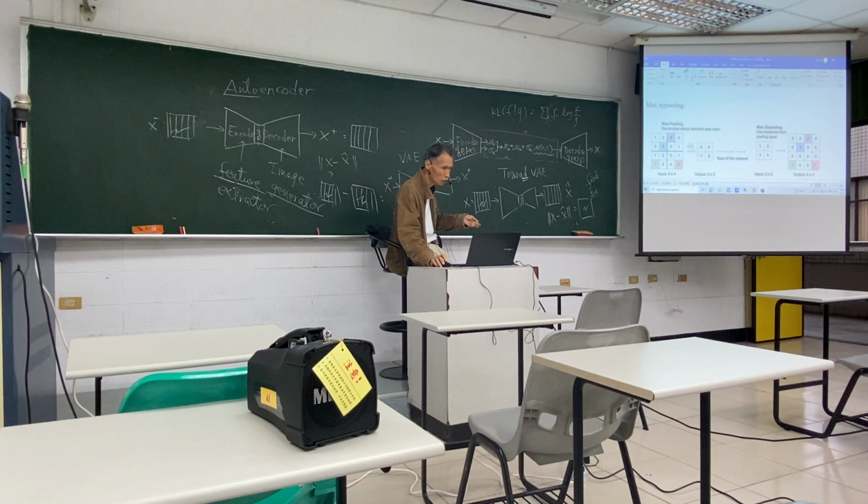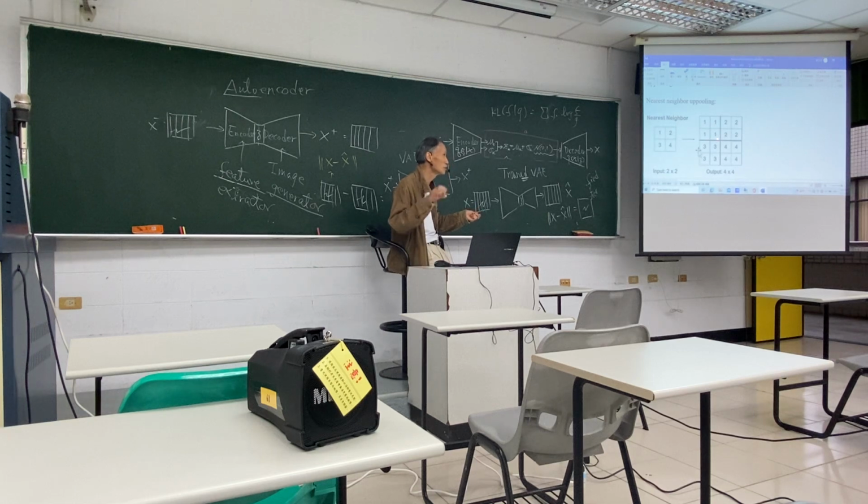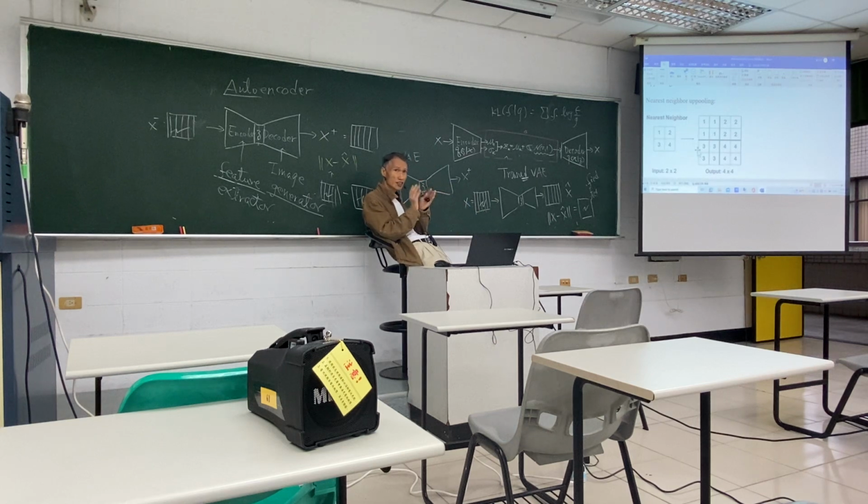If you go for maximum pooling, or especially nearest neighbor, in the final result you will get a mosaic effect, so the detail will be lost. You can only get some blurry image in the final output. So convolution could be better.